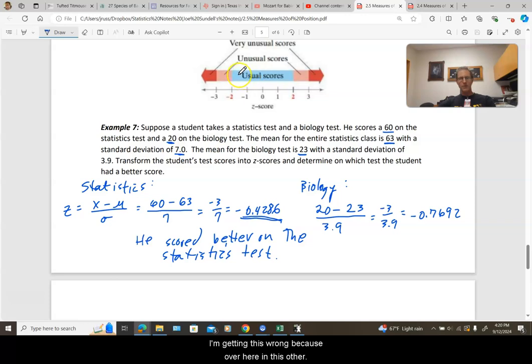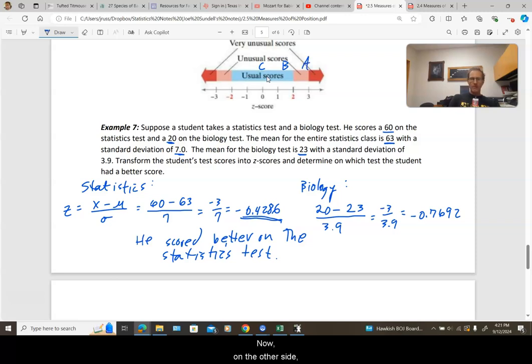Let me show you like this. Anything in this middle would be given a C. But anything between 1 and 2 standard deviations above the mean is given a B, and then anything beyond 2 above the mean is given an A.